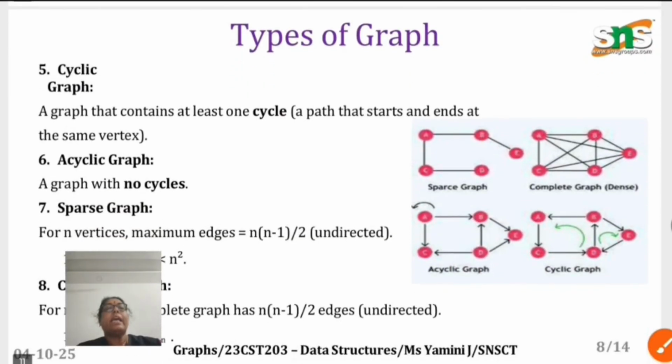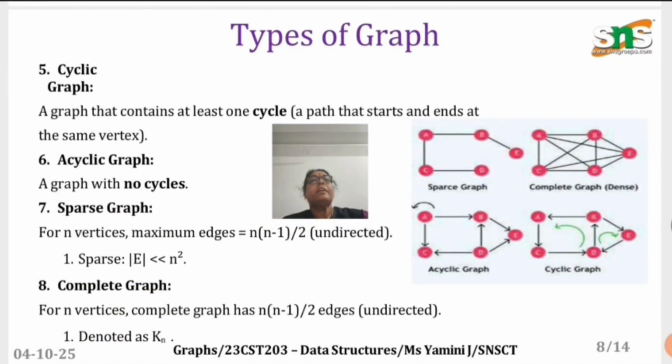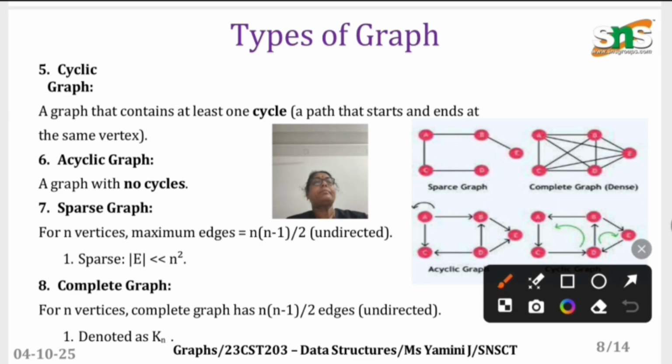Cyclic and acyclic graphs depend on whether a cycle exists. And a sparse graph has few edges, while a complete graph connects every vertex to every other vertex, denoted as K of n.